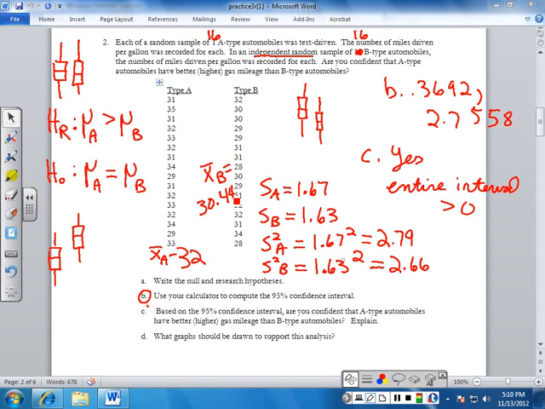I'm not going to work all of this out, but I'm going to go ahead and just set up the formula here. So we would have X bar A minus X bar B, which is 32 minus 30.44, plus or minus, we want to get a t value for 95%, is it 90 or 95? 95% confidence and 30 degrees of freedom. That's 2.042, just reading that off of the t table.